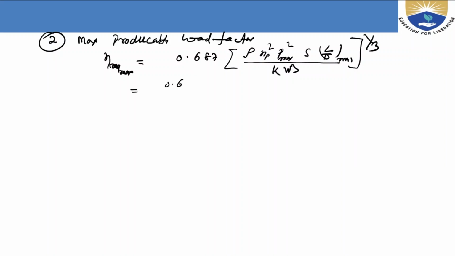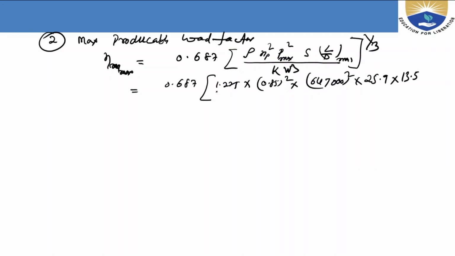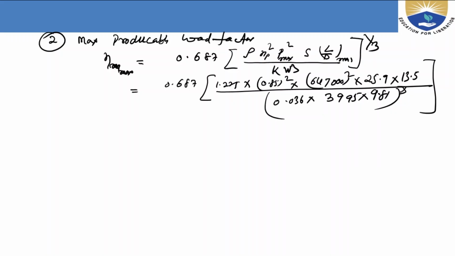We have 0.687, 1.225, 0.85 square into P maximum 647,000 square into 25.9 into 13.5 divided by 0.036 into 3995 into 9.81 cube, it is a cube, and root 1 by 3.